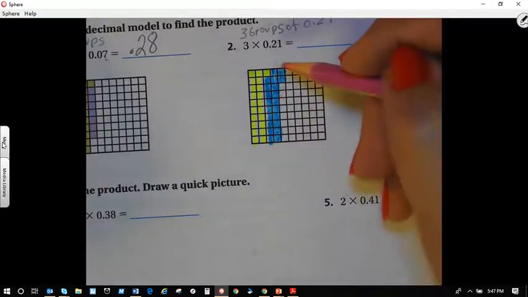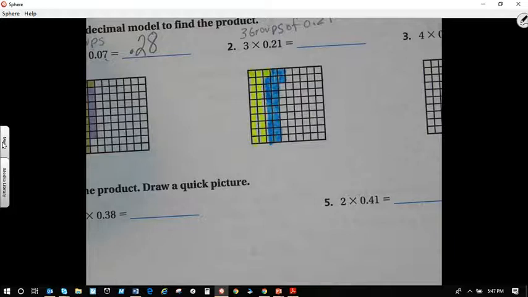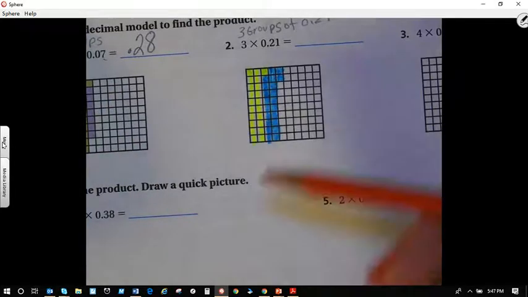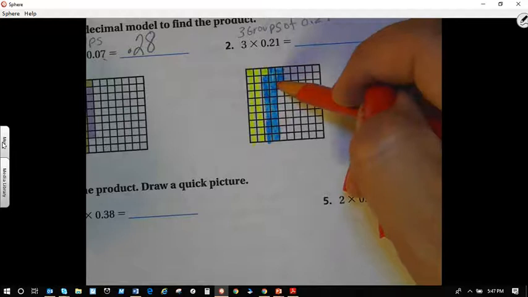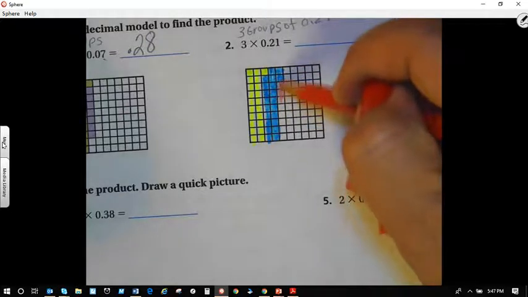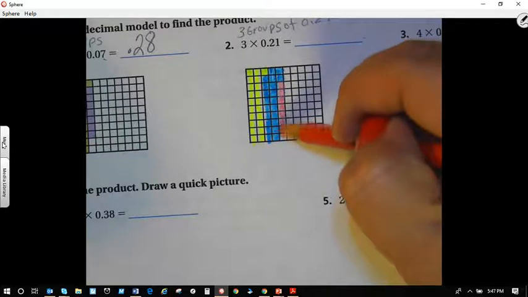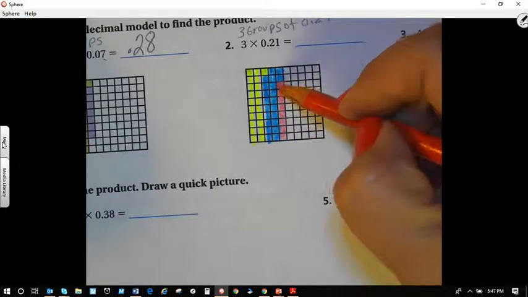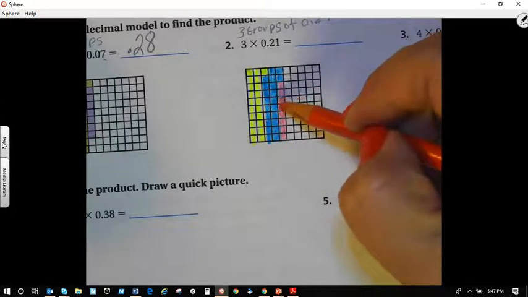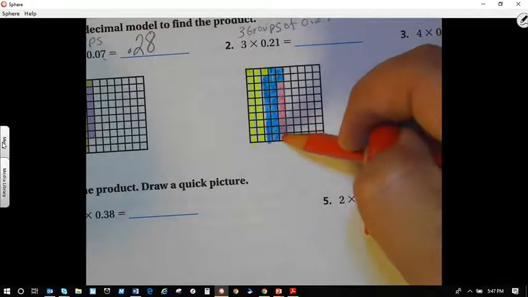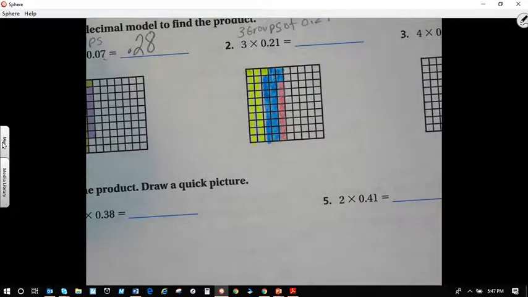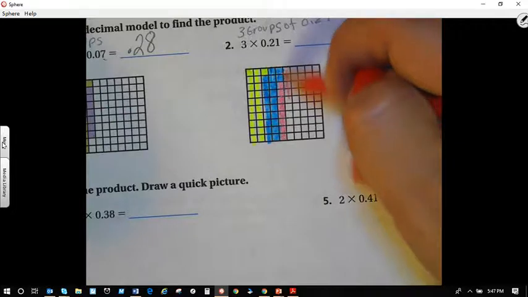The next one, I'm going to get my next set of 21. Here this is going to be 8, because I shaded in 2 and I have 8 left over. If you wanted to count it, you can count it up: 3, 4, 5, 6, 7, 8. So that's 8. I'm going to shade in another group of 10.